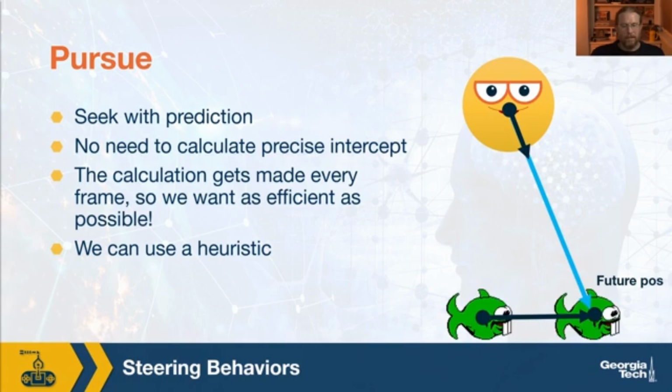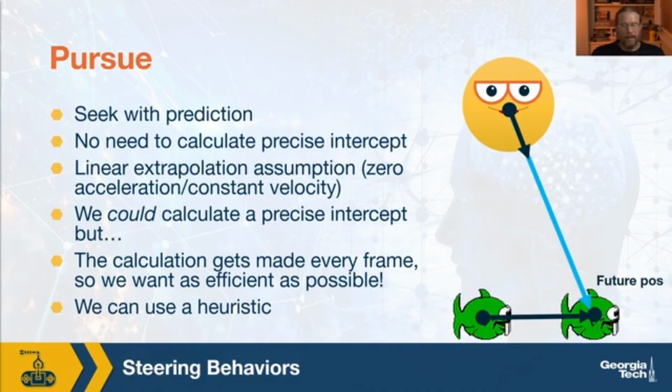This calculation needs to be made every frame because every frame our target is going to be updating and possibly moving. So we're going to need this calculation to be efficient, and therefore approximating is probably okay as long as we're converging on the solution as we get closer. We don't need a perfect solution. We can come up with something simpler to calculate, but is still effective.